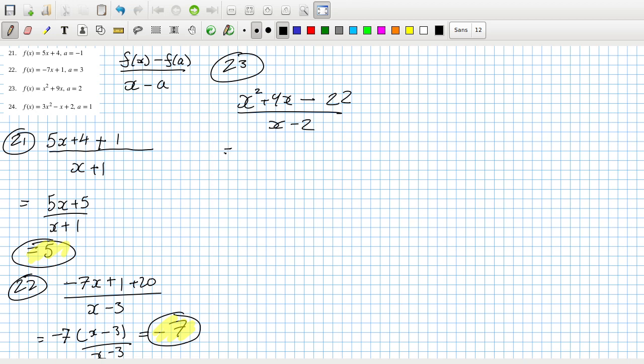So that's equal to x minus 2 times x plus 11 over x minus 2. So that's equal to x plus 11.